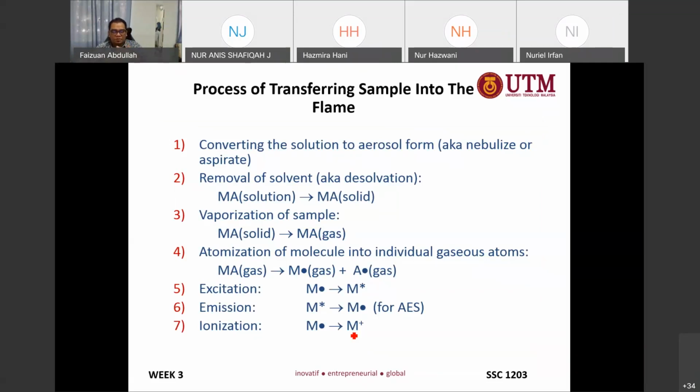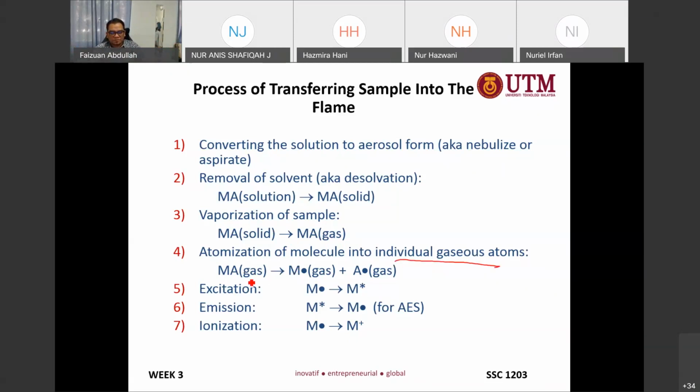If our solvent is water, the removal of solvent happens at the flame stage, where the water is burned. If you burn the water, what will it become? Vaporize, right? Evaporate. Then vaporization of the sample, from solid to gas, and then atomization of molecules into individual gaseous atoms.